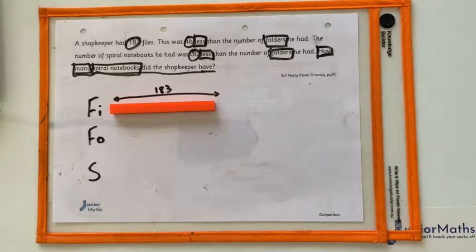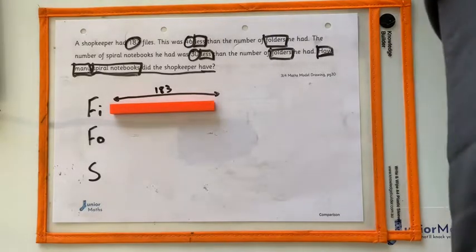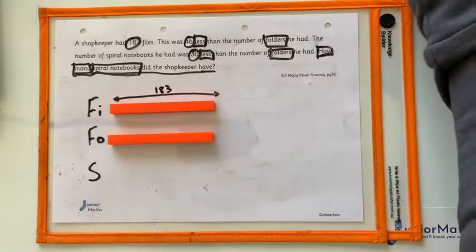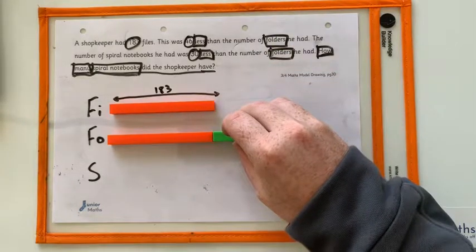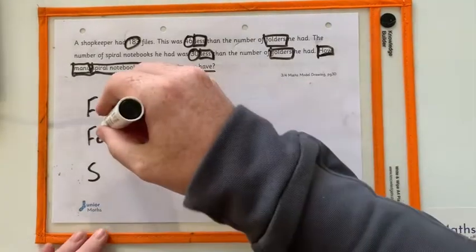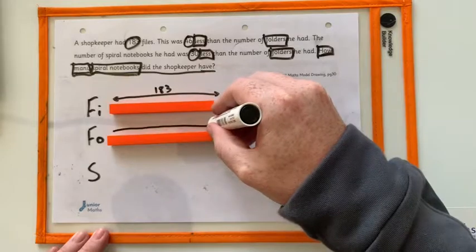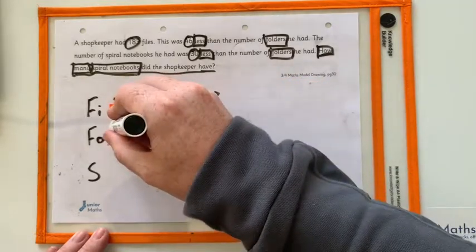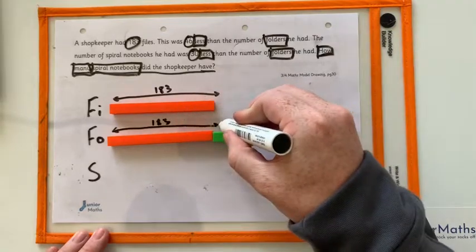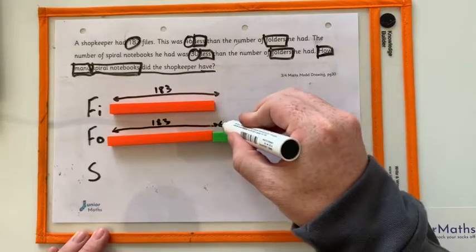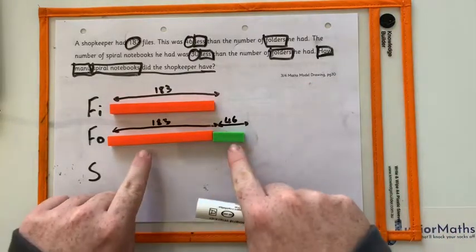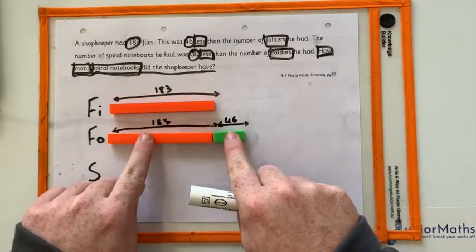Now, the number of folders he has is 183 and an additional 46 because number of files is 46 less. Number of folders is 183 and 46.